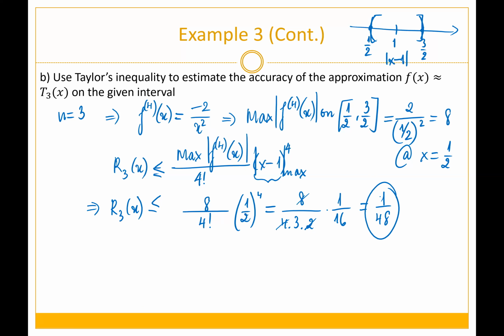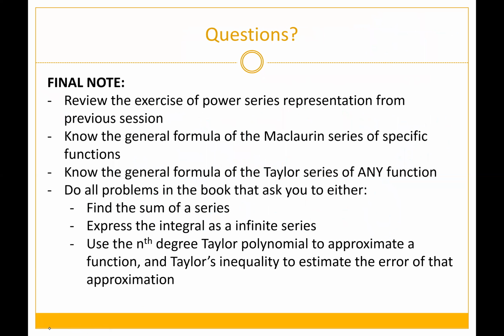This is the maximum error if you use a third degree Taylor polynomial to estimate our function f of x. It's not hard, it's just that you have to take care of different things, like the fourth derivative and the maximum of x minus 1, but you just need to do a lot of practice and get used to it. If you don't have any more questions, that's all I have for today.